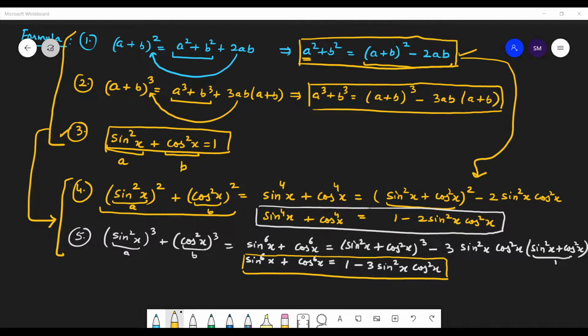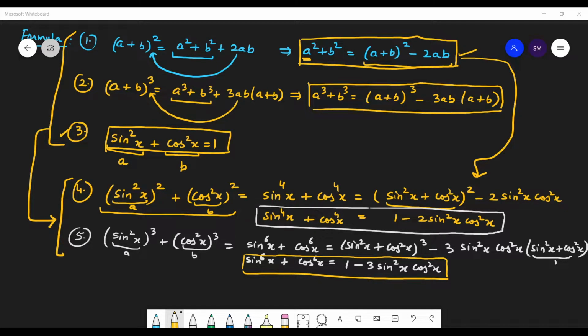Students, you can see one thing here, that sine x cos x, sine x cos x, sine square x cos square x. So for the calculations to become easy, put sine x cos x equal to y, or you can put it equal to t also, that's your choice. Let it be t.